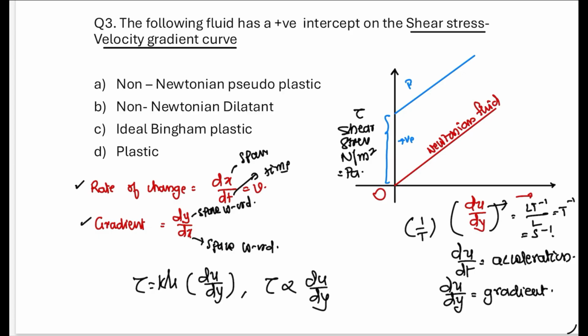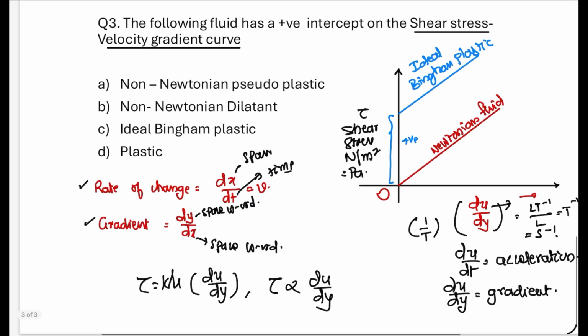This is an ideal Bingham plastic. This is for ideal fluid. This I have explained in my previous lectures. For further details, this is for ideal solid.